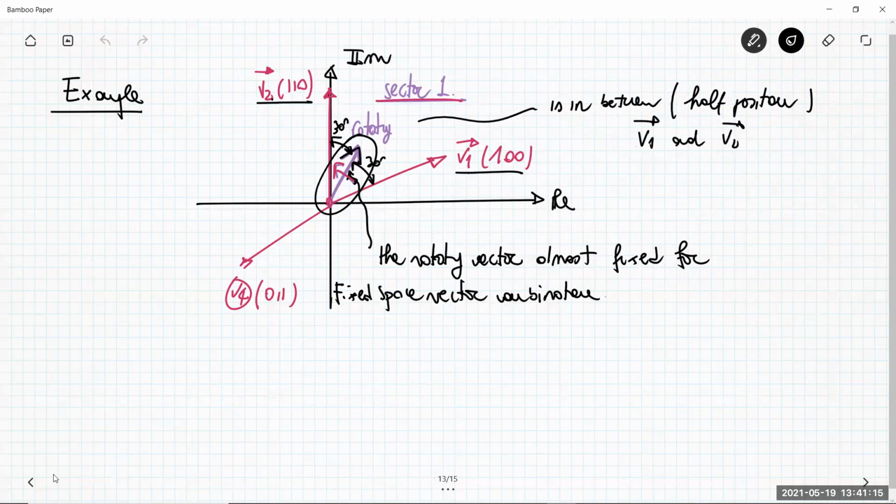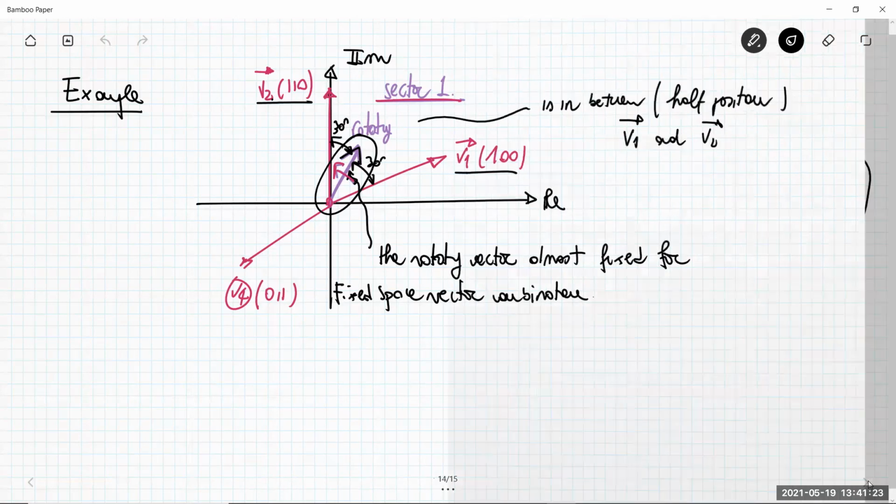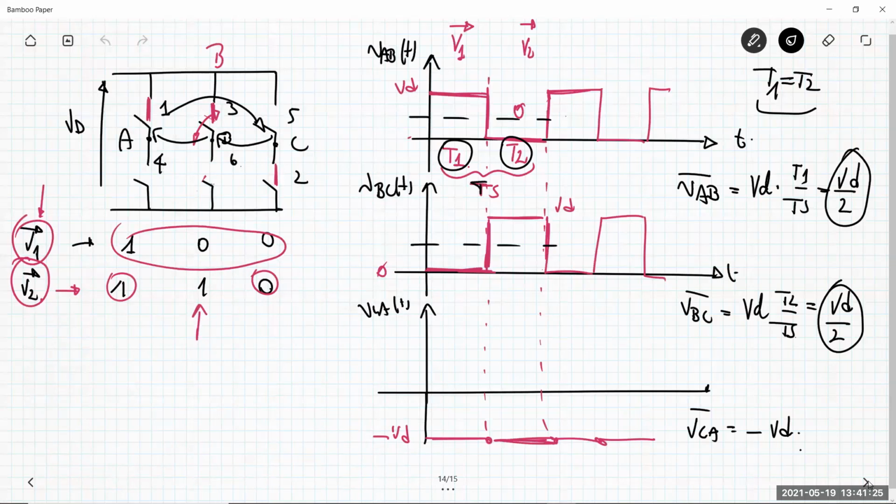But pay attention: in order to do this, the space vector must not move during TS. Because if I choose T1 or T2 according to the position, and during TS the purple vector has changed its position, then this computation is not working anymore.